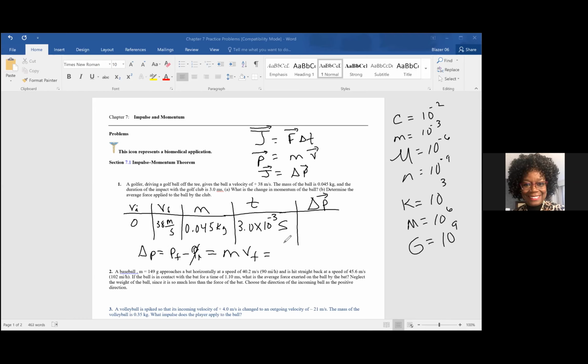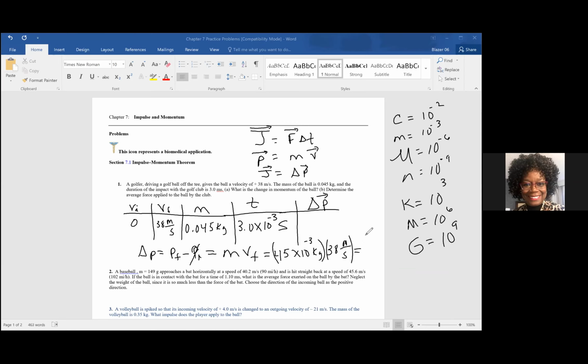So what do we have? Let's write this as 1, 2, 3. In other words, we have 45 times 10 to the minus 3 kilograms. That's my mass. And my speed is 38 meters per second.